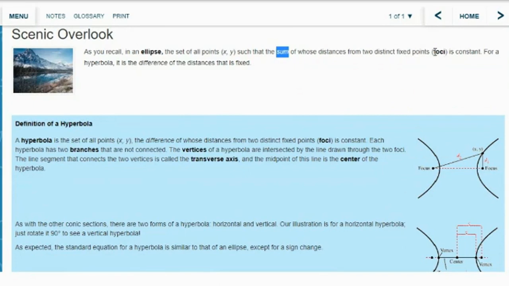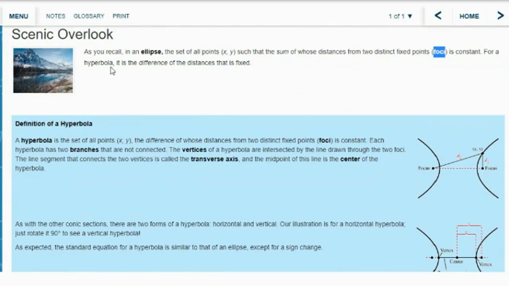So there's two focus points. And the distance from any point on the ellipse to those two focus points, when that's added together, is constant. No matter what point you move around the ellipse, it always adds together to be the same distance.